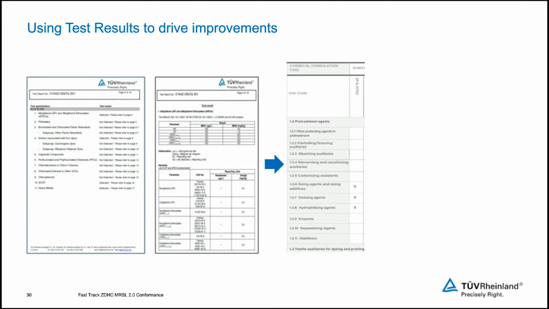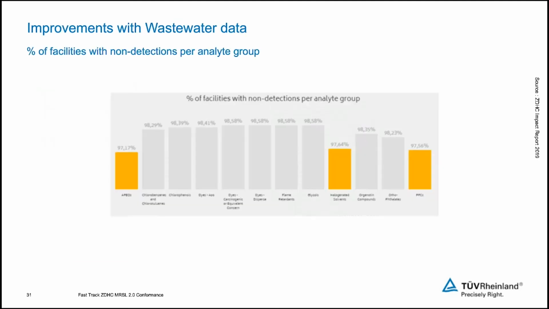And we can take the sizing agent product, perform the testing, and see if the APEO is in this product or not. Take a look at the wastewater data. We can see 3 chemical groups, APEOs, halogenated solvent, and PFC, fail more than other chemical groups.